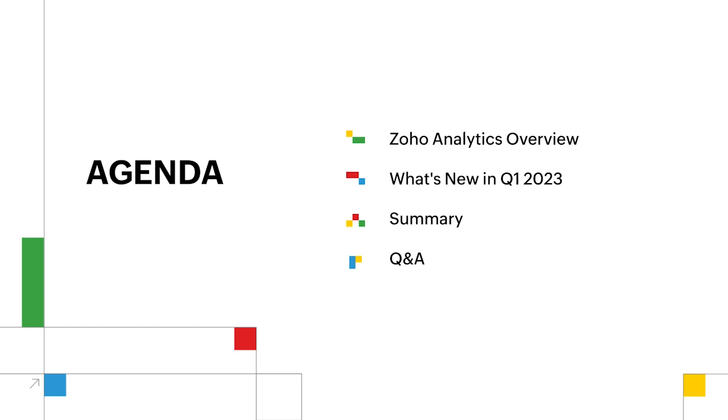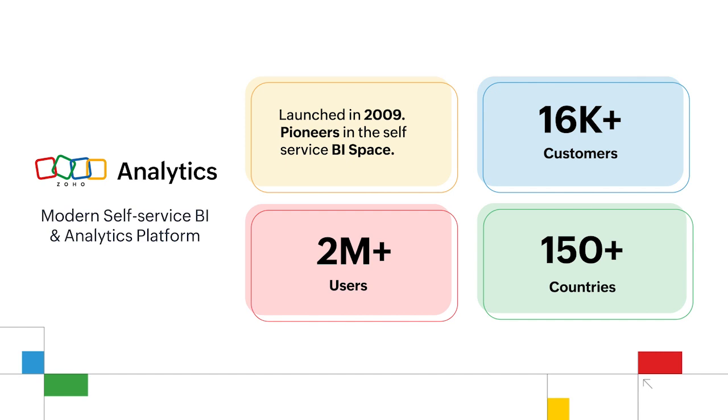All right. So a quick overview introduction to the Zoho Analytics product. It is a modern self-service BI and analytics platform. We have been in the market for more than a decade. We launched this product in 2009, and we are one of the pioneer players in the cloud BI space.